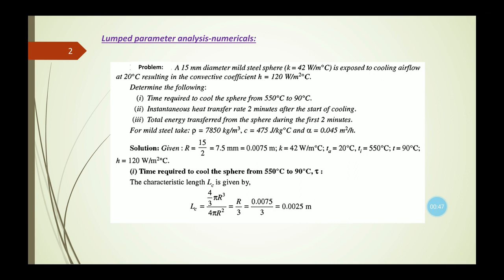So we will continue the solution of different numericals with the equations related to the lumped parameter analysis. So let us read the question first.